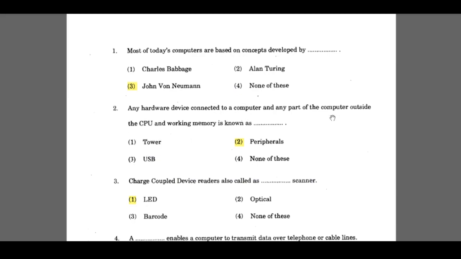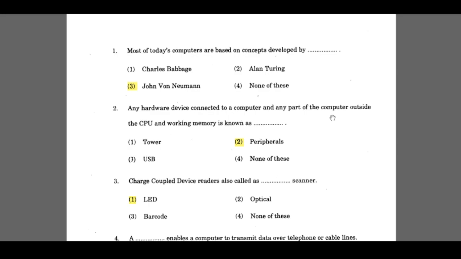First question. Most of today's computers are based on the concept developed by John von Neumann. Number 2. Any hardware device connected to a computer and any part of the computer outside the CPU and working memory is known as peripherals.